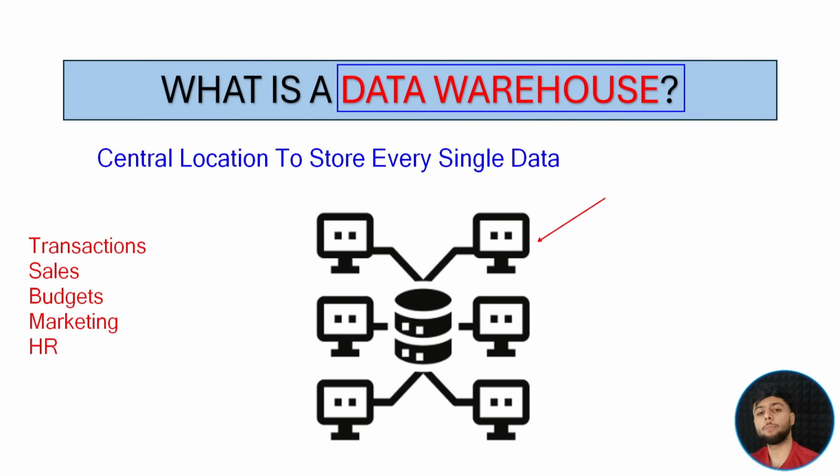Every type of outfit will be there: formal clothes, informal clothes, party wear, shoes, socks, everything. Make sense? So a data warehouse is the central hub, the central repository. We have all data stored in the data warehouse. Simple. Make sense?